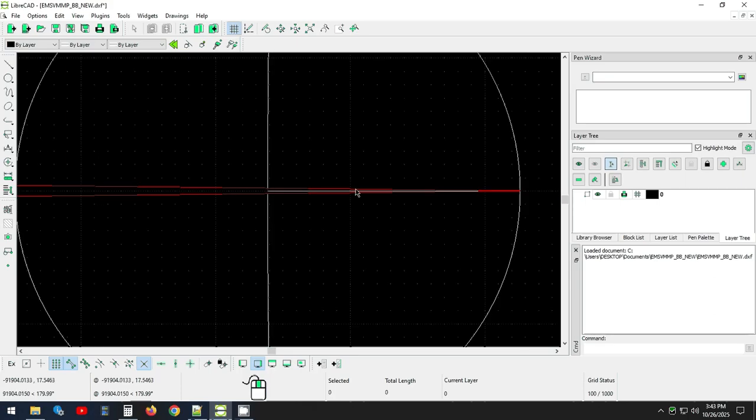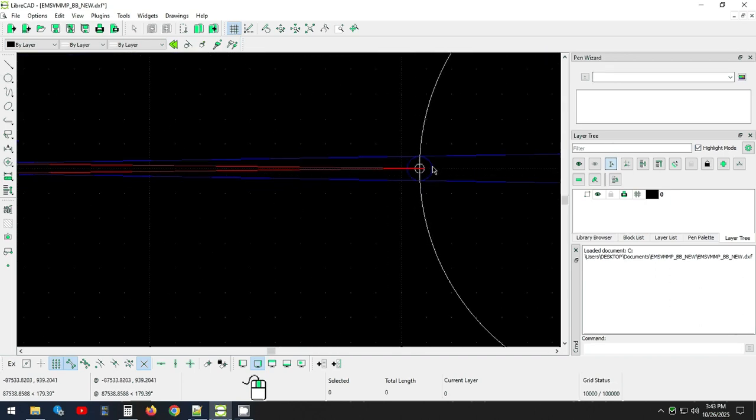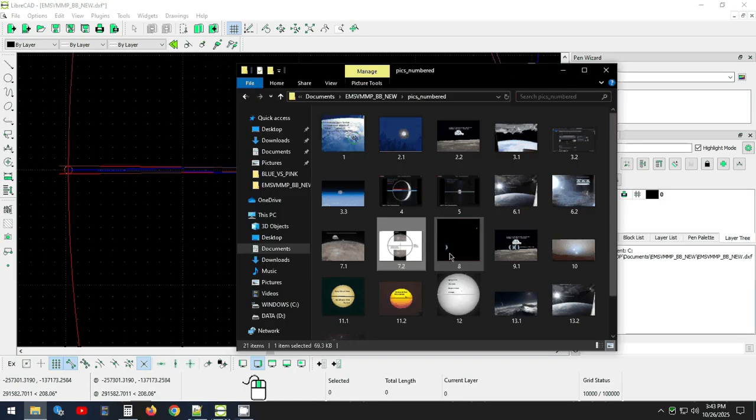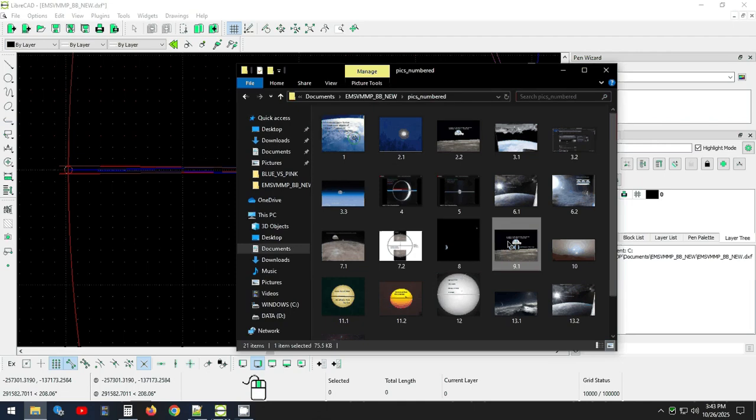So another cone, just triangle shaped, gives us a projection of the size of where Mars would be. From Mars orbit, I believe, they take this photo here, which is the photo of the Earth and the Moon, photographed from the distance Mars is at. So that gives us this one here.